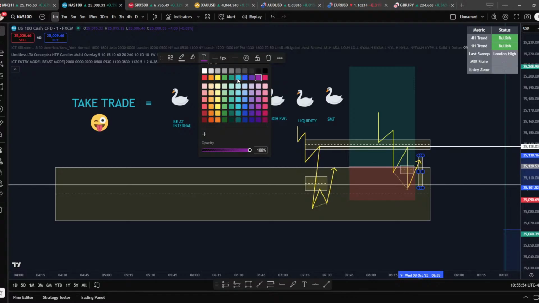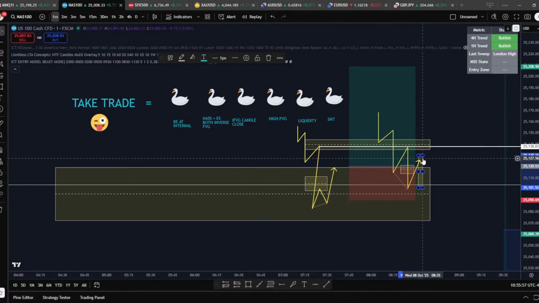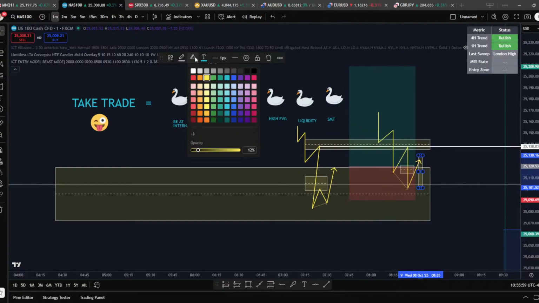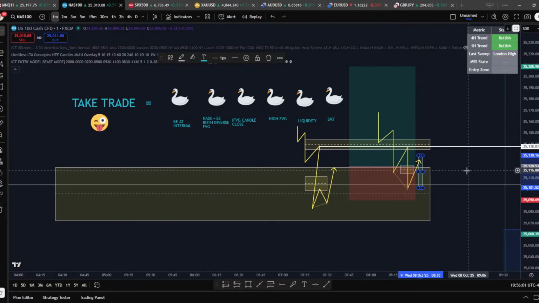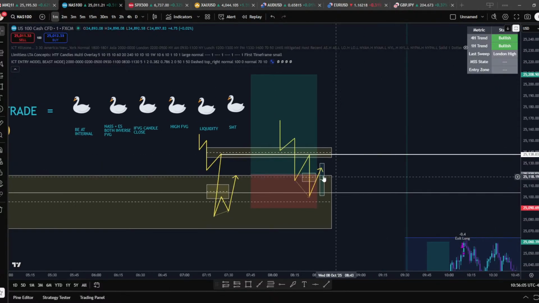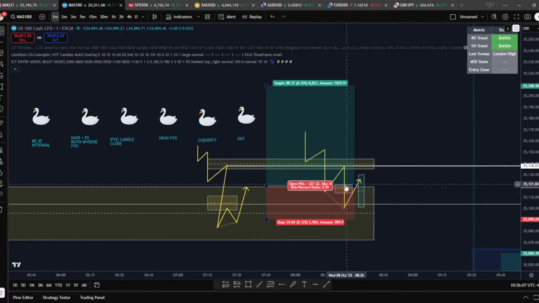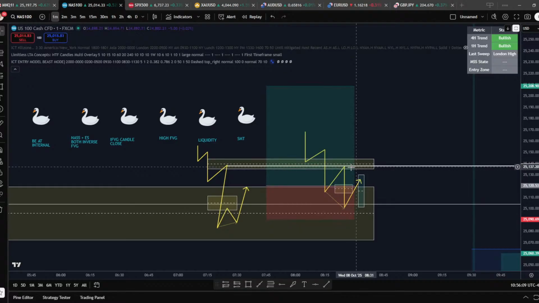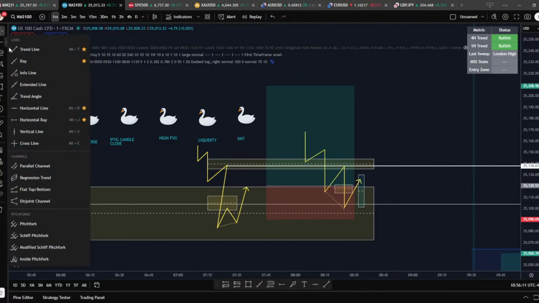Let's say this is the candle you are targeting, right? You're waiting for that inverse, okay? And then this happens.